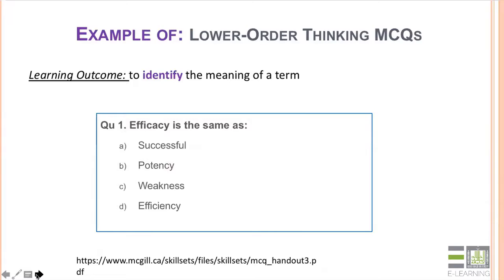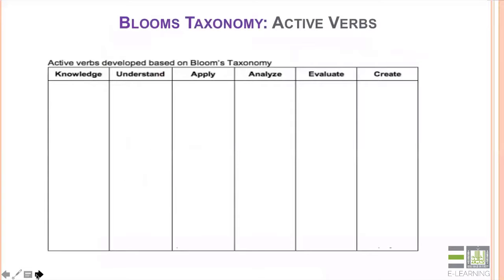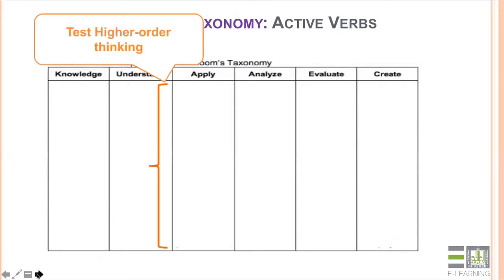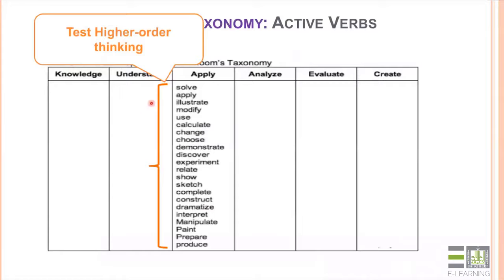If we have a look at the higher order thinking levels of learning, and some of the active verbs that are required, learning objectives will have things such as apply, demonstrate, interpret.